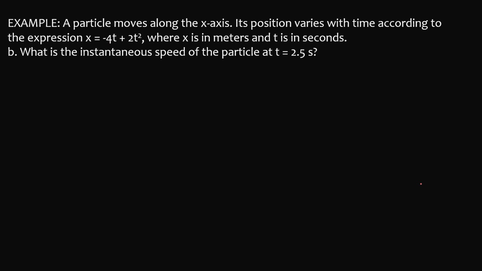For that exact moment, what is the instantaneous speed of the particle? Well, we just use the formula. The instantaneous speed is the derivative of x with respect to time. And we can use this because we have a function for the position with respect to time. It's given in the problem.